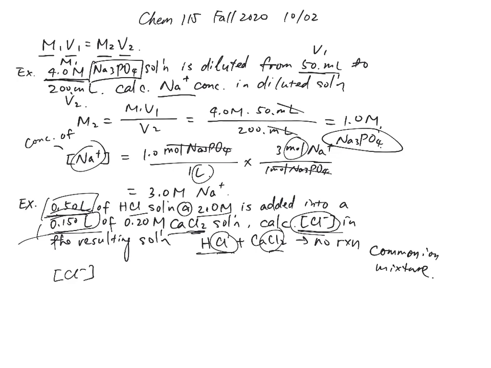The concentration of chloride ion in the final solution is defined by moles of chloride ions over liters of solution. If I know these two things, I should be able to get the chloride concentration. Can I get these two things? Liters of solution, meaning the liters of the resulting solution.